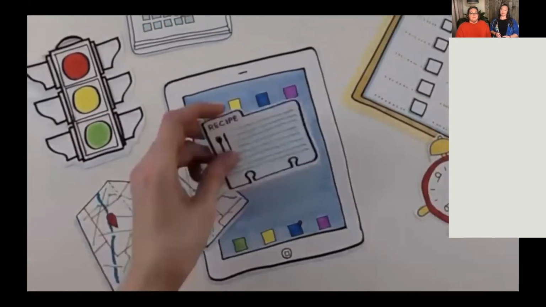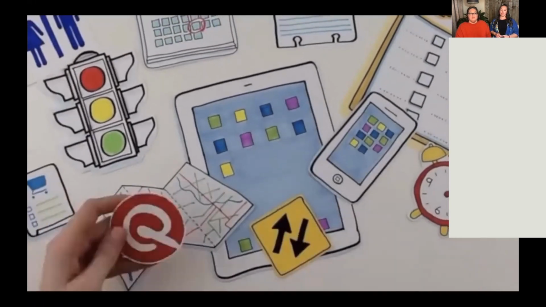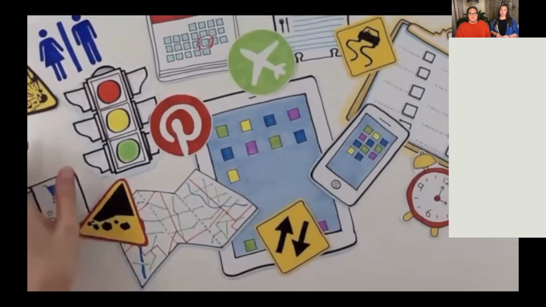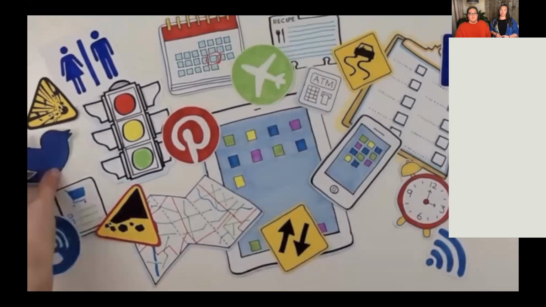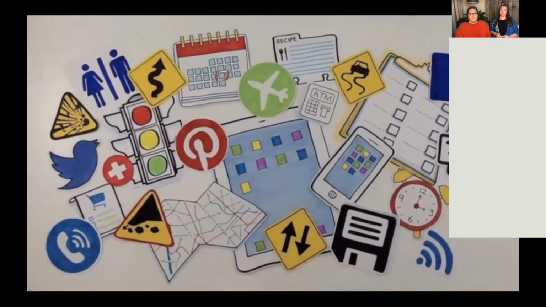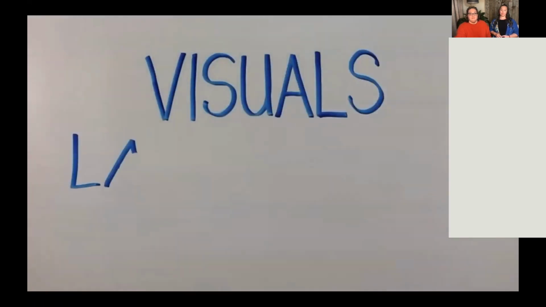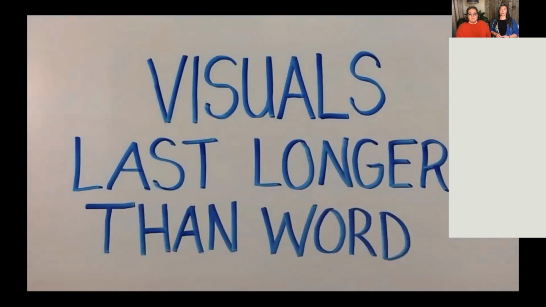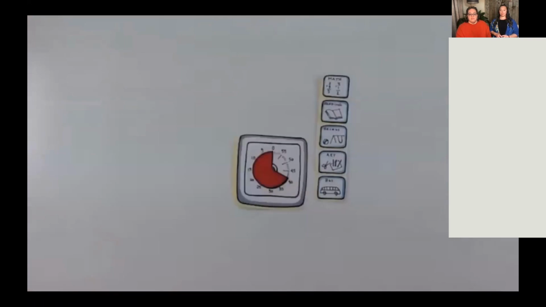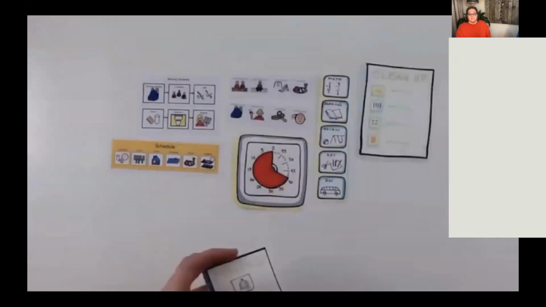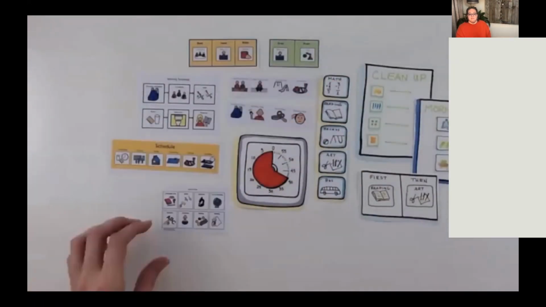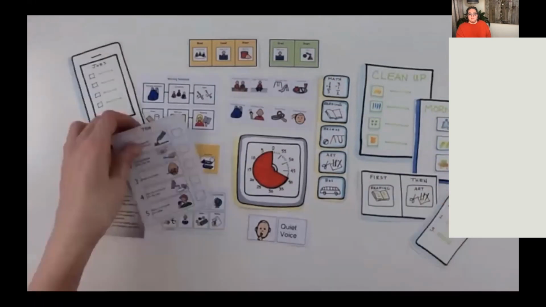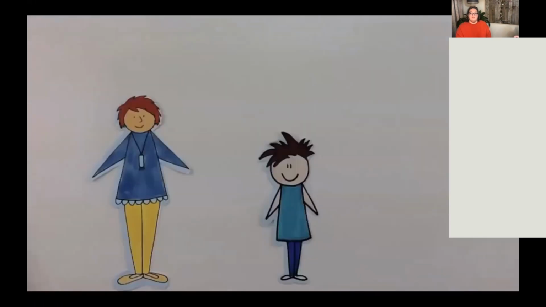We use visuals every day. Icons, traffic signs, calendars, clocks, maps, recipes, grocery lists, and more. For students, visuals provide a form of communication that lasts much longer than spoken language. Examples include visual schedules, time timers, scripted routines, checklists, and visual reminders.